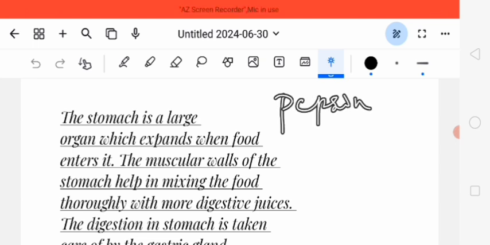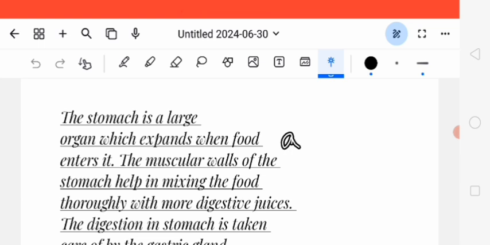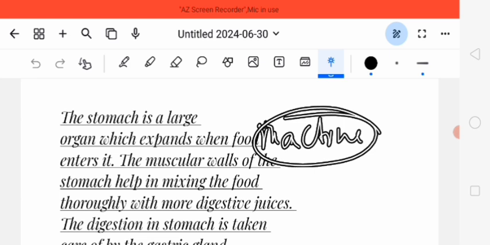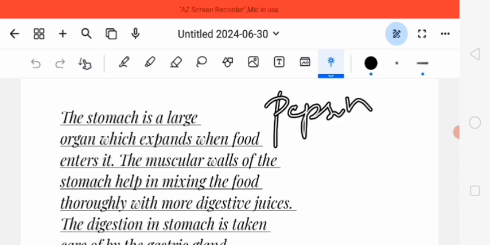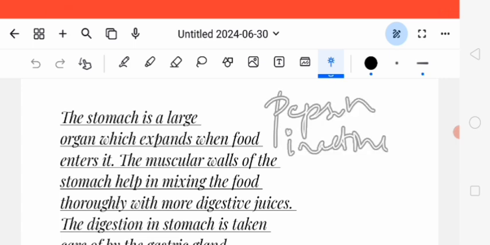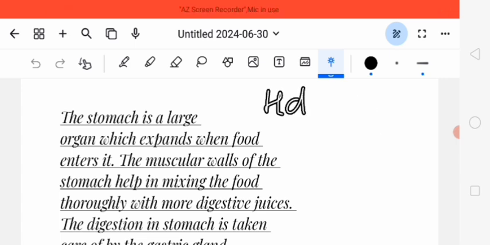Heroine is pepsin, because she is inactive. She is like that, pepsin is like that. We are inactive, how can we do the work? Then the hero comes. Hero here is HCl.